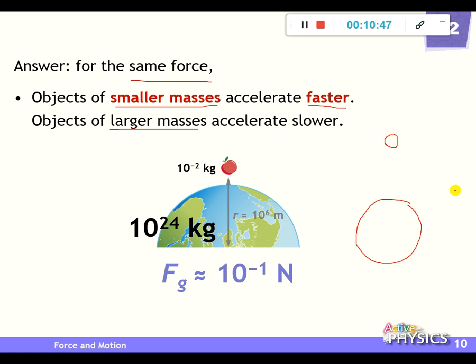Finally what will happen will be this one. This Earth seems to have no movement. All the movement should be focused on the apple. It seems to be, but actually the center of mass of the Earth should be moved up a little bit, very very small, compared with the displacement of the apple.